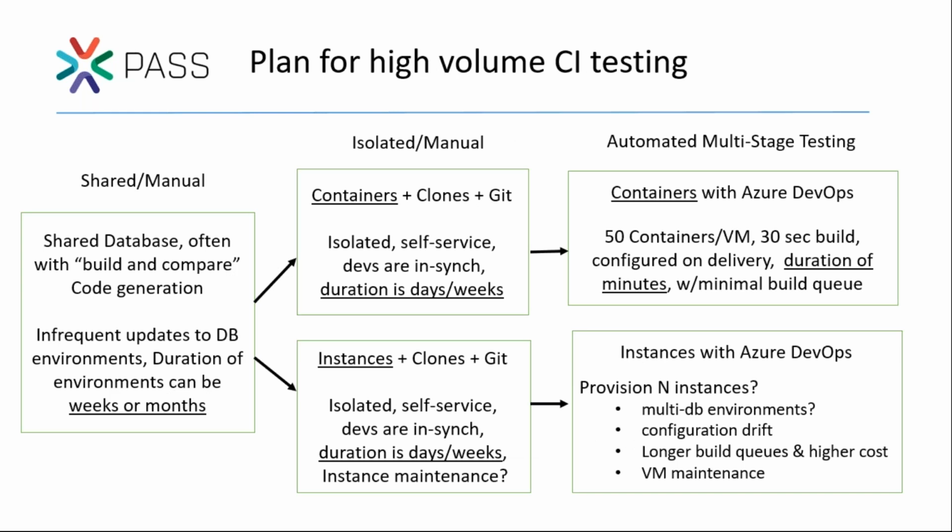But once you've made a choice, and I'm going to assume that you're looking at a database clone process, then you have to look at some of the other aspects of a CI pipeline. And what we see in a continuous integration pipeline or Azure DevOps development process is a 2 or 3 step process where most organizations today are moving from a shared manual process, oftentimes with minimal source control.